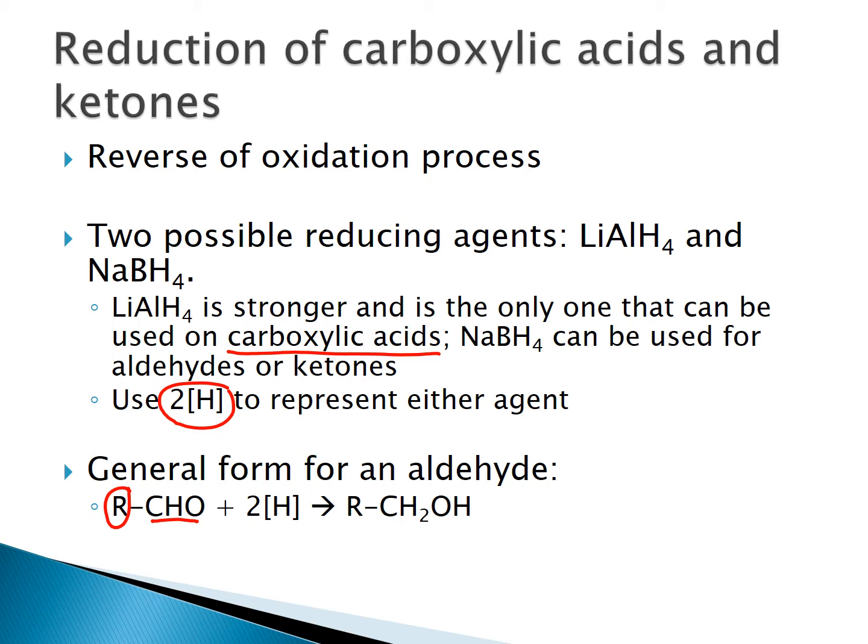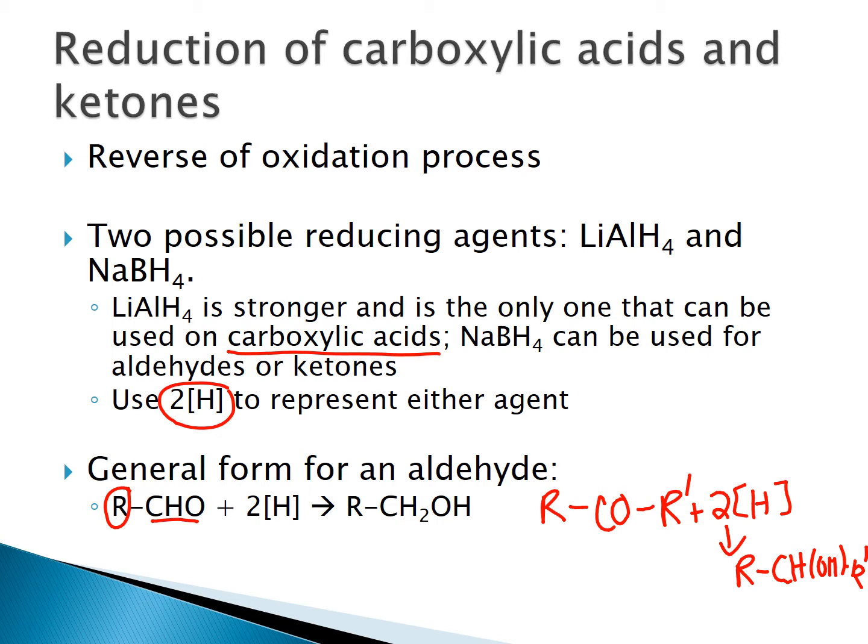For a ketone, it would look like this: the first carbon chain, the carbonyl group, second carbon chain, plus 2[H], and that gives us RCHOHR'. Okay, so if we reduce an aldehyde, we'll get a primary alcohol, and if we reduce a ketone, we'll get a secondary alcohol.